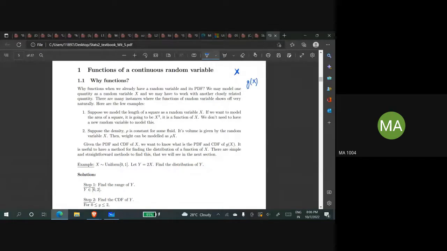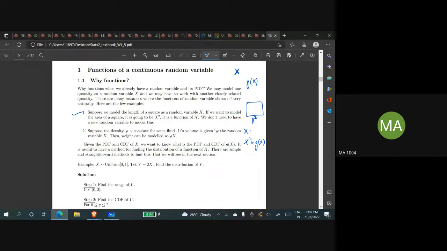For example, look at the first example here. It says, suppose we model the length of a square as a random variable x. Let's say x denotes the length of the square, and it is some random variable. But what happens if we want to model the area of the square? You know that for a square the area is length squared, so it is x squared, which is just a function of the random variable x.